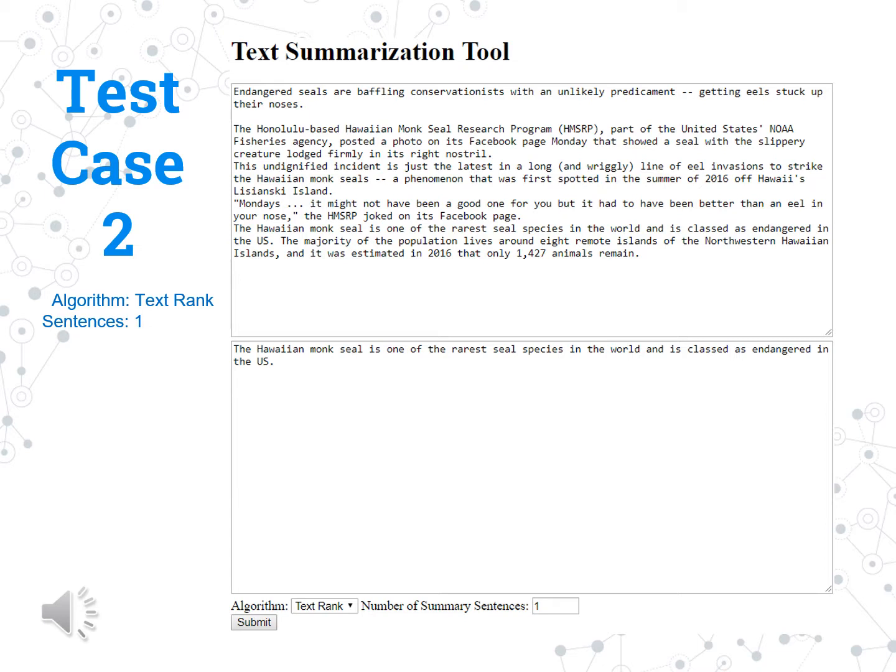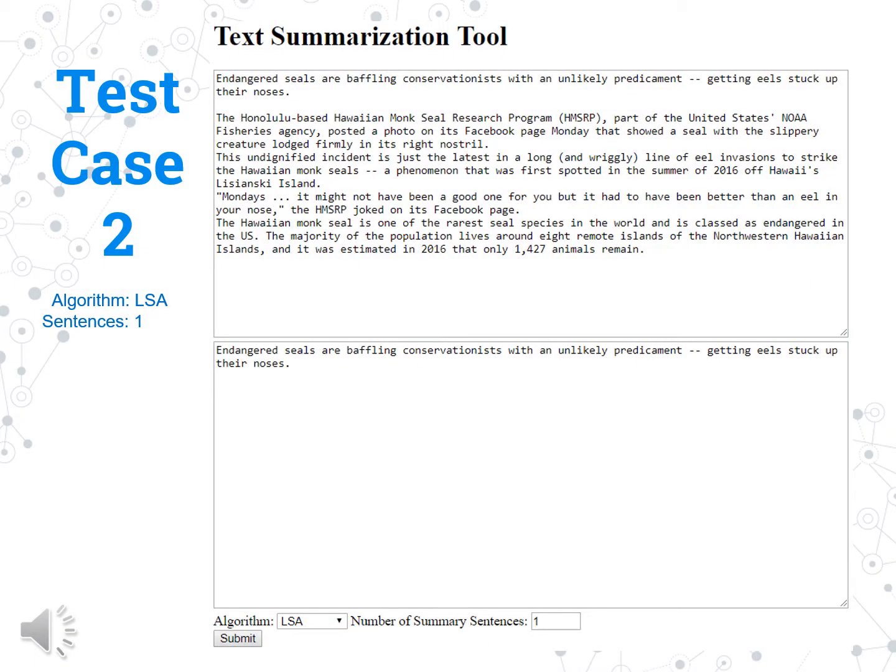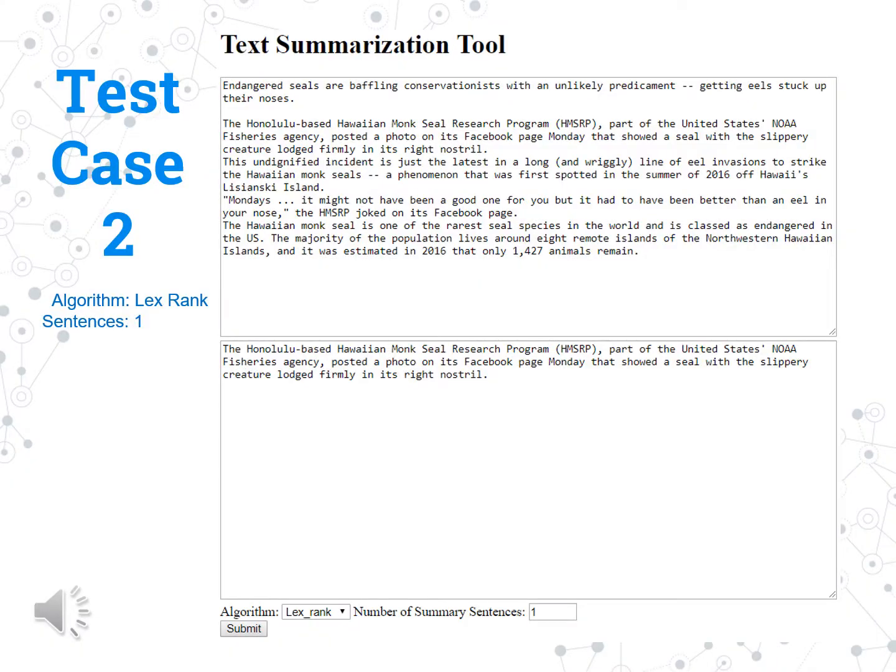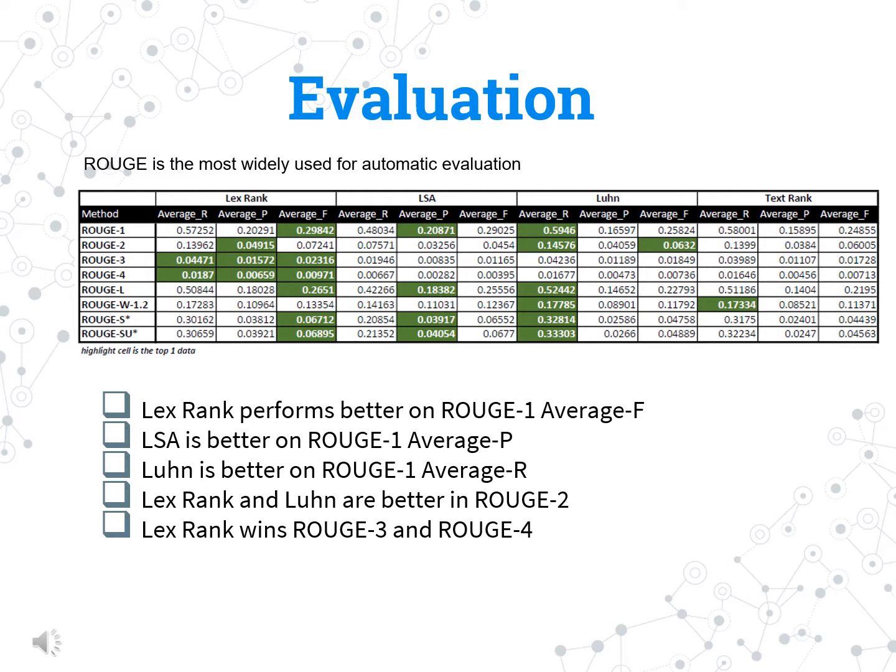So here is the TextRank algorithm result for only one sentence. This is the latent semantic analysis (LSA) result for one sentence. And here is the LexRank test result.